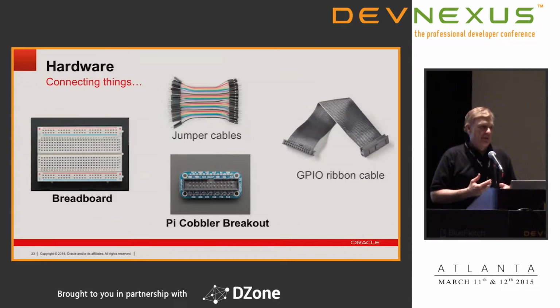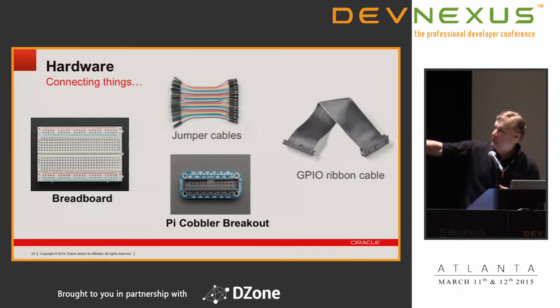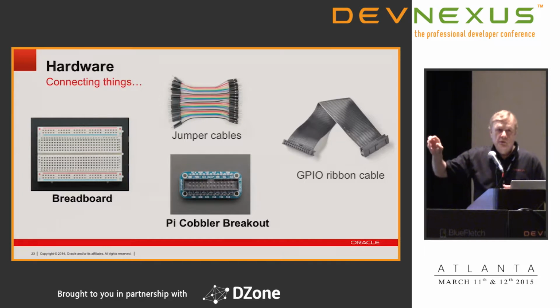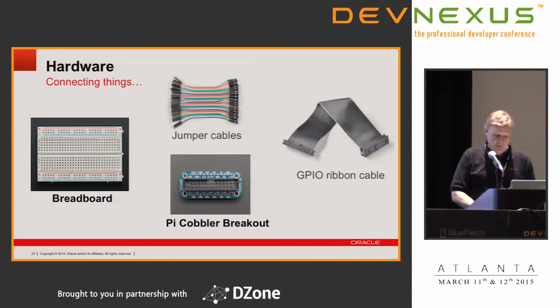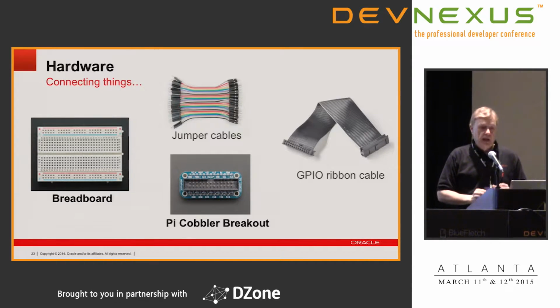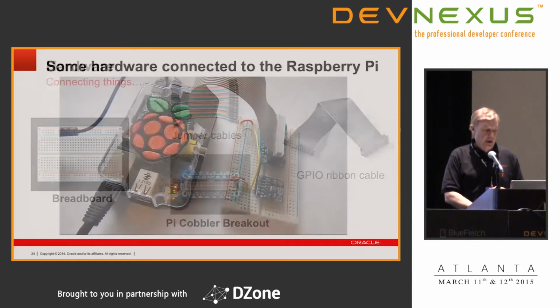This is the hardware that connects things. You've got your breadboard, which you put all your components on, and also this Pi Cobbler breakout that you put on there. You've got some jumper cables that you use to patch different connections by putting them in different holes in the breadboard, and then a GPIO ribbon cable that goes from the Pi Cobbler breakout to the Pi.